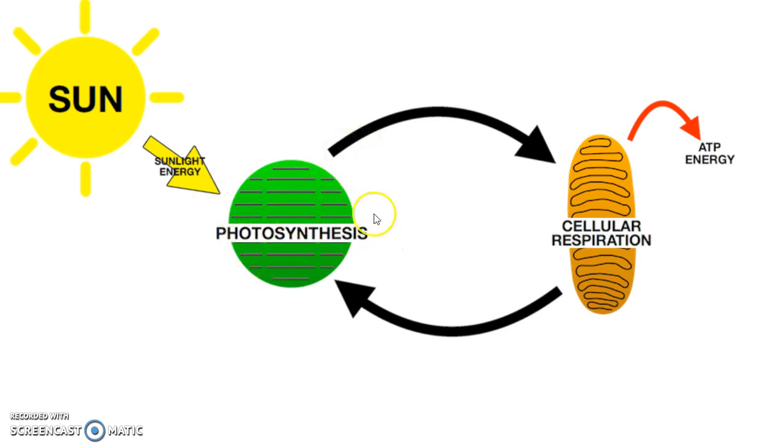What the green blob is doing is called the process of photosynthesis, and the process that the mitochondrion is doing is cellular respiration. The chloroplast contains chlorophyll, and green pigments.